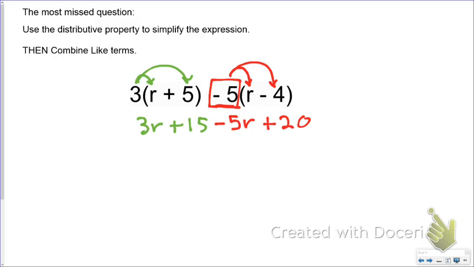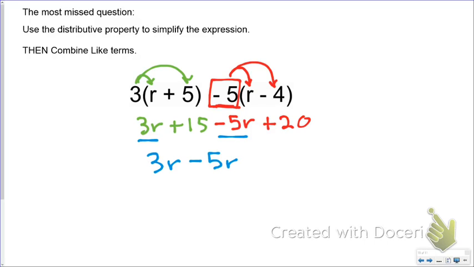Now you can see how we can combine like terms. So the r's are like terms, so I can do 3r minus 5r. Notice how this minus comes down with it. If you're struggling with combining like terms, you should go back and watch the video tutorial on combining like terms.